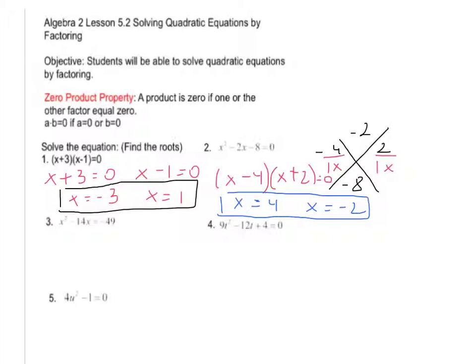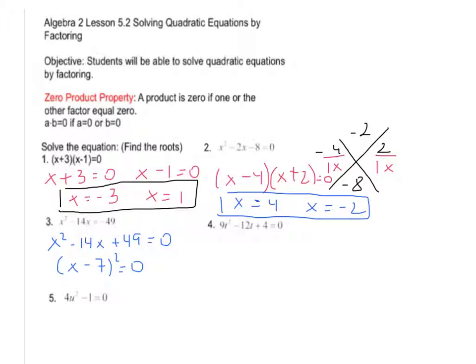In the next problem, the first thing I need to do is move the negative 49 to the opposite side. So x squared minus 14x plus 49 equals 0. I could either use the diamond or recognize the pattern that this is x minus 7 to the second power, which equals 0.